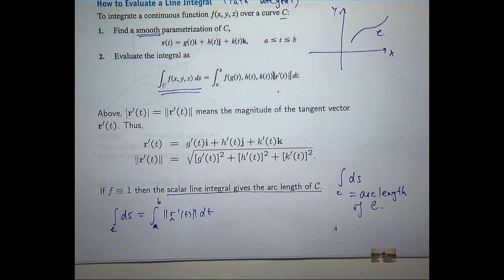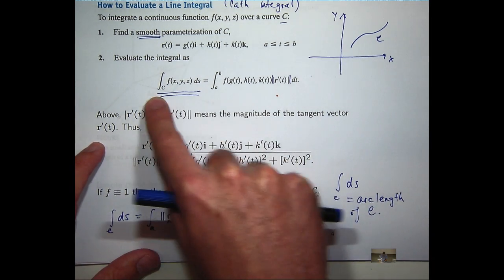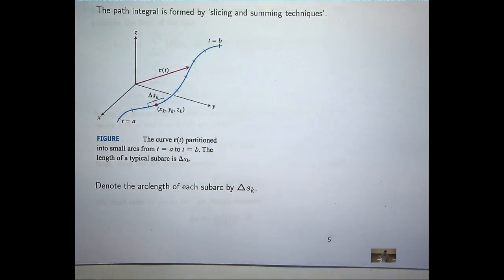All right, well, how does this come about? Well, like most integrals that you've seen, they're all Riemann sums, right? They're the limits of Riemann sums. So you just slice up and you sum.